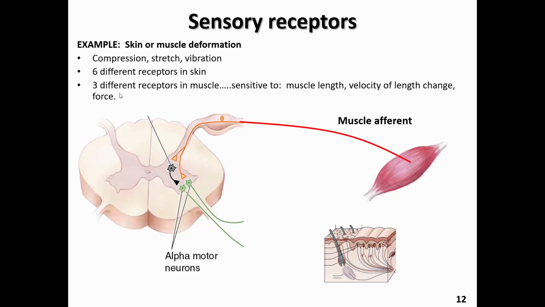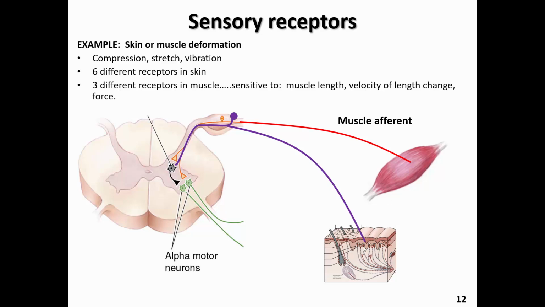What we see on the bottom of the slide is a single skeletal muscle, and inside that skeletal muscle are embedded sensory organs. The general term muscle afferent is a reference to the sensory connection between the muscle and the central nervous system.